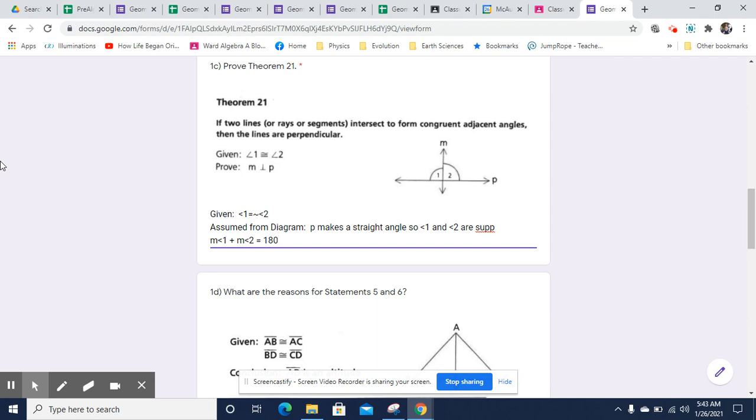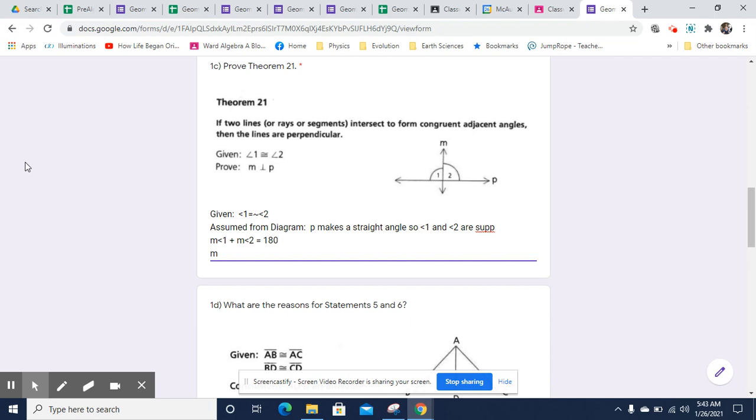And then I can substitute either one for the other one. So measure of angle 1 plus measure of angle 1 also equals 180. Substitution. So I just substituted angle 1 for angle 2 since they're the same.